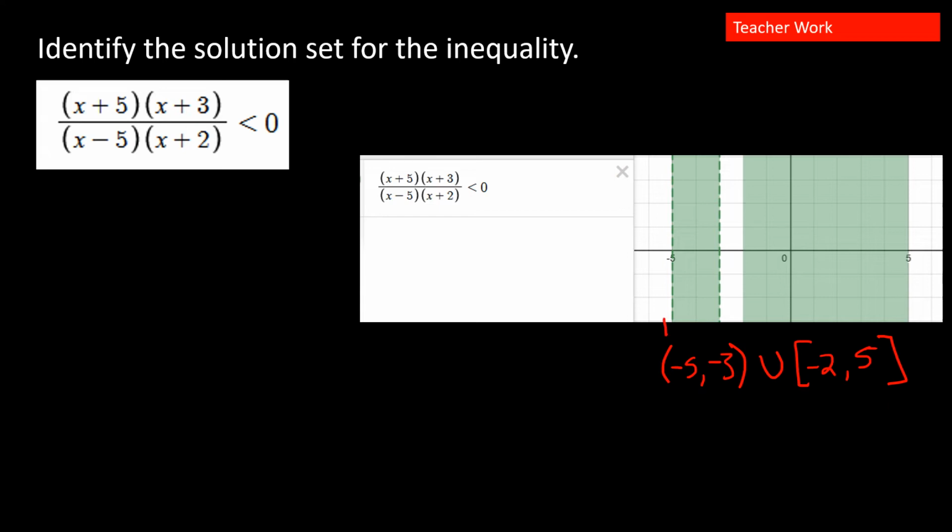I just went from here to here, here to here. Parentheses is when we have the dashed lines. That means that we're not including those values, but it's values within. And negative 2 to 5, we are including those values of negative 2 and 5, so that's why we use the brackets there. Just a bit of a review of inequalities.